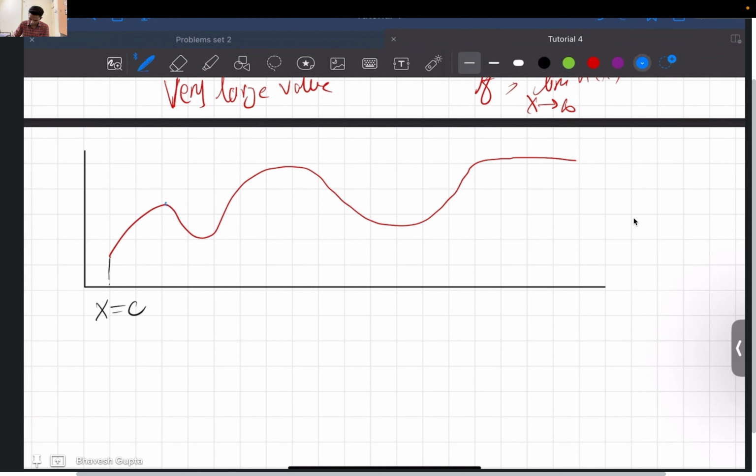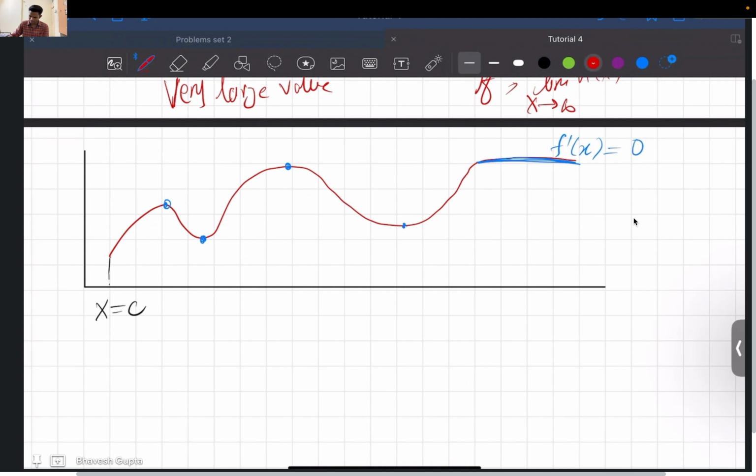For example, this is the maxima, this is minima, maxima, minima, and let's say this is just a flat line, right? So over here also these four points have derivative equal to 0.